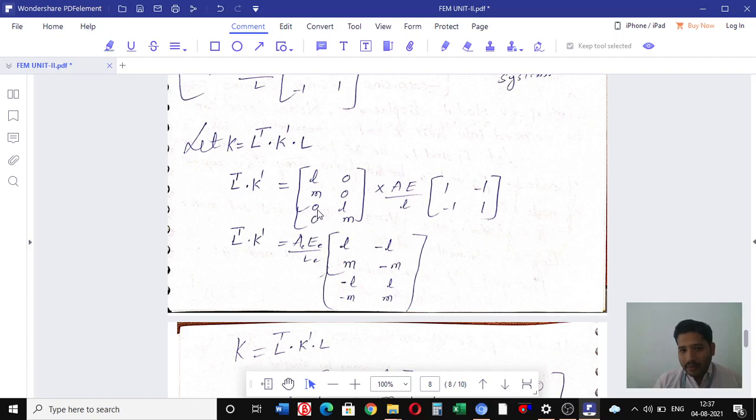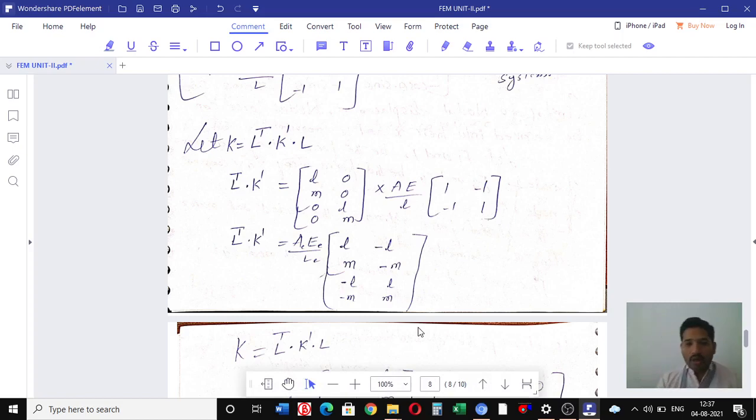Again, 0 into this value should be 0. L into minus L should be minus L, and L into plus L should be plus L. Again this bottom value, if you multiply 0, it becomes 0 only. m into minus m, into plus 1, it should be m.